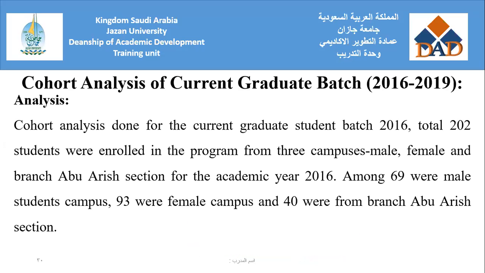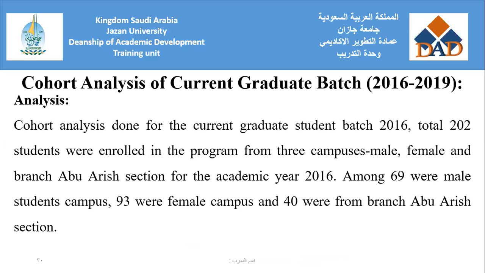And the cohort analysis was done for the current graduate student batch 2016, and a total of 202 students were enrolled in the program for 3 sections, male, female, and branch, for the academic year 2016.